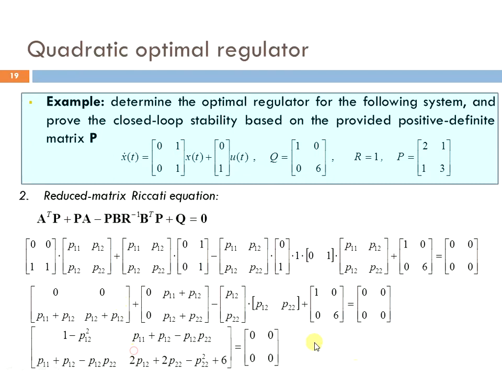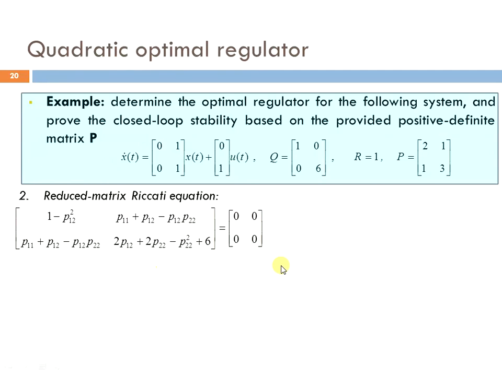Simplifying it further, we end up with this expression here. Having this expression, we have to solve for the elements of the P matrix: P11, P12, and P22.